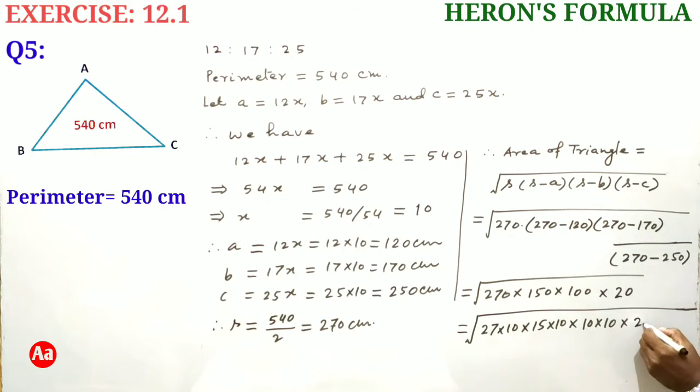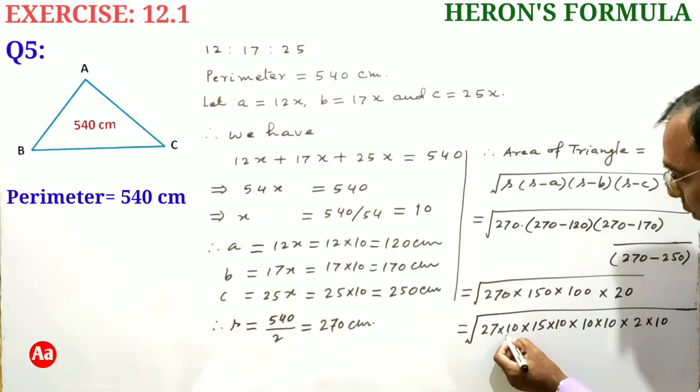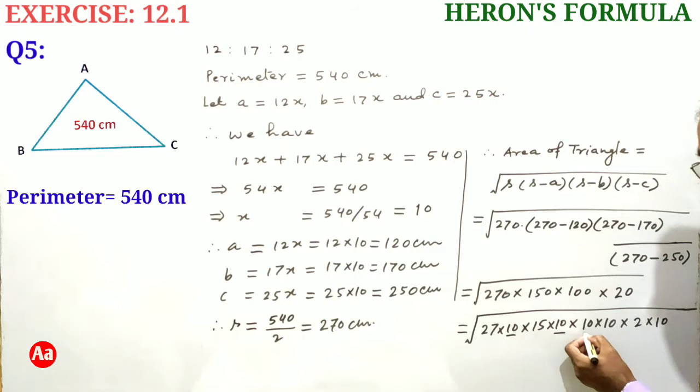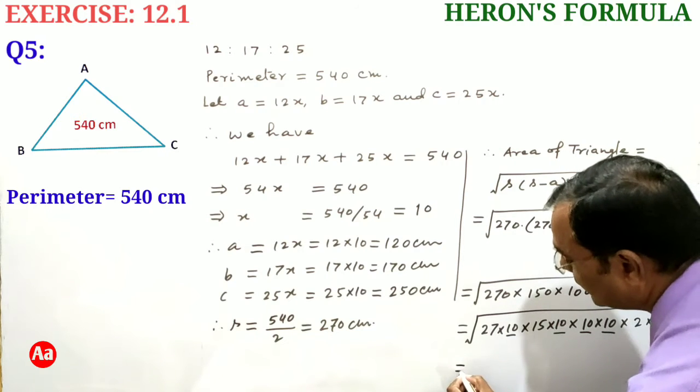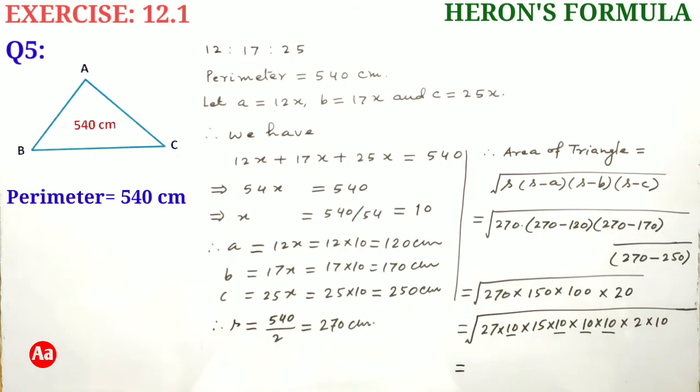So 2 into 10. Now see, 10 is here, 10 is here, 10 is here, 10 is here. So 1, 2, 3, 4 times. That means making two pairs of 10 into 10. And its square root will be 10 into 10.